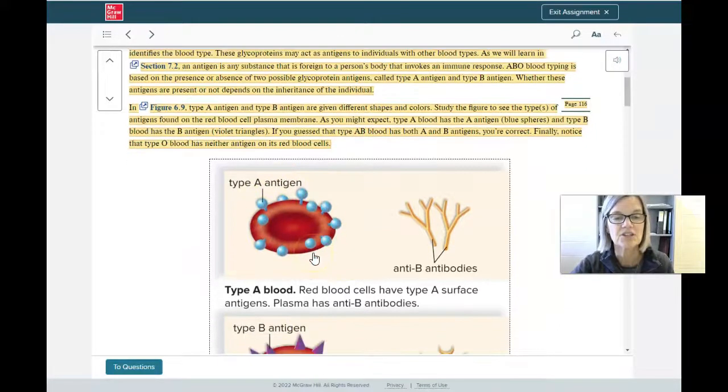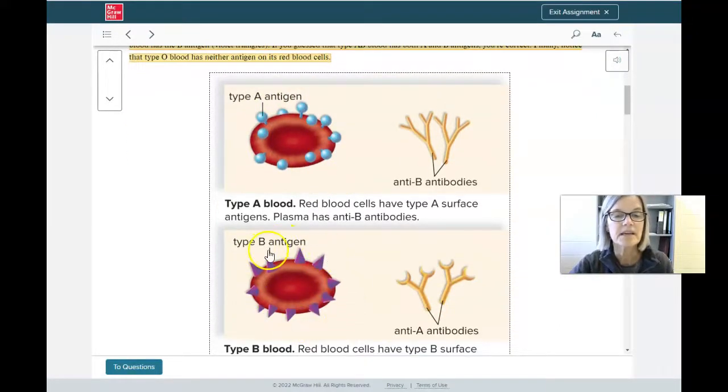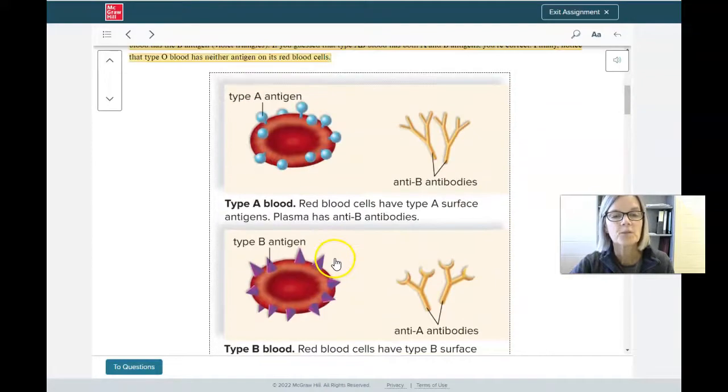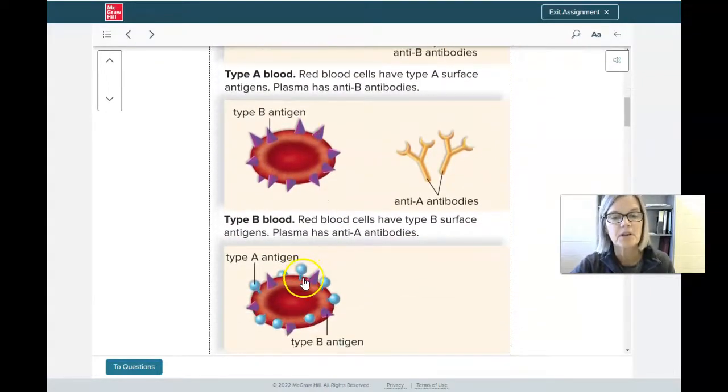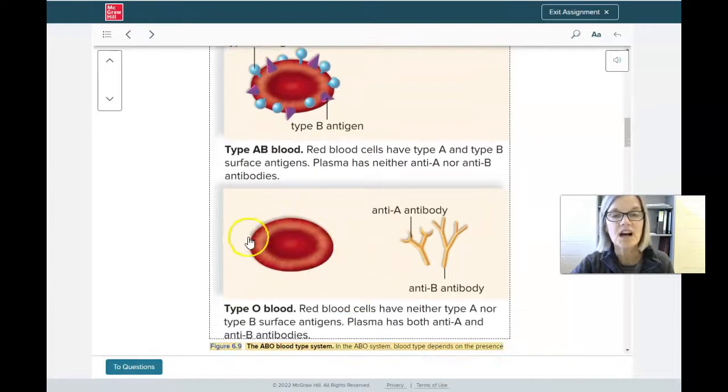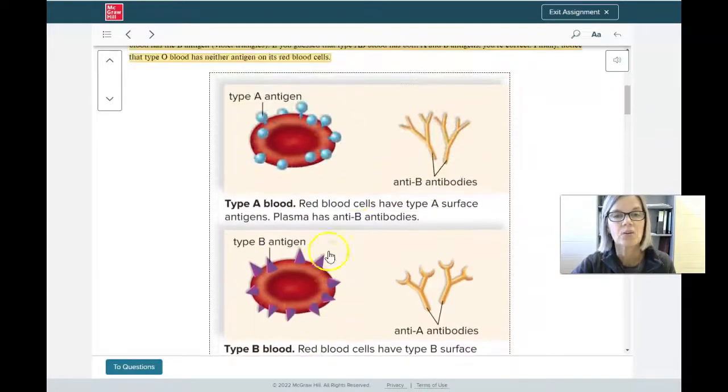They can be A antigens. They can be B antigens, B proteins. And notice the A and the B look a little bit different. When you're looking at blood type, you can have blood cells with A and B antigens, or you can have blood cells with neither A nor B. We call the blood cells with type A antigens type A blood.